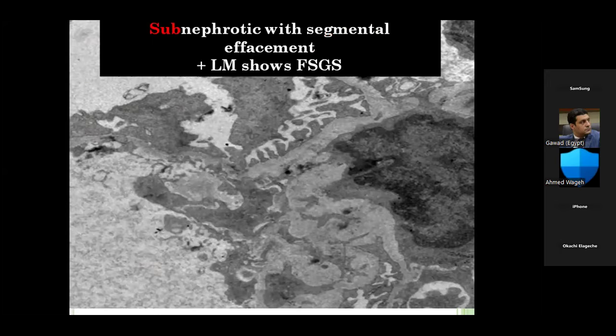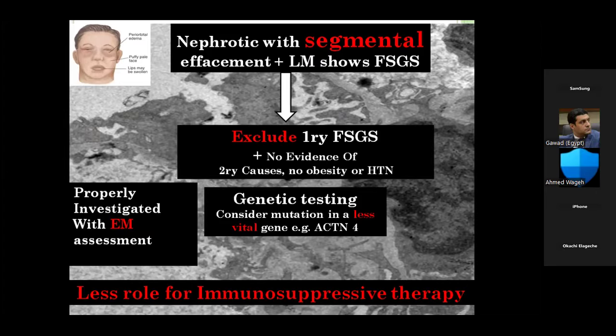Here I need to say two things. The first thing is that this patient had a history of steroid intake before the biopsy that was processed for EM. So this means that if this patient responded even partially to the steroids, effacement could regress and could present as being segmental because of the effect of steroids on the cytoskeleton of podocytes.